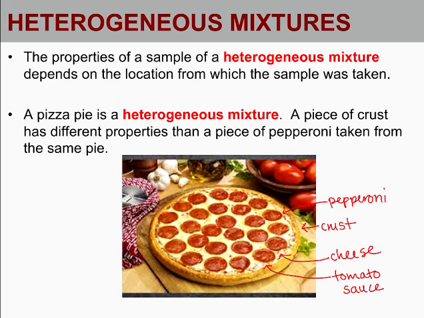Now, if we took a slice of this pizza, we would notice that there are different components present in that pizza. So we can see the pepperoni, the cheese, the tomato sauce, the crust, and if we took, let's say, just a piece of crust from that pizza, that would have different properties than if we just took a pepperoni from that pizza.